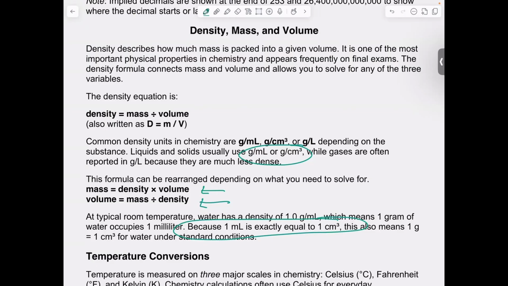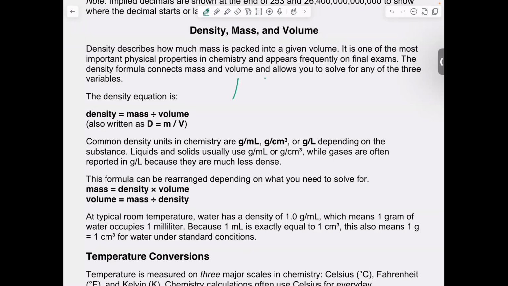So it's almost like you can cross that over. If I'm given, for instance, 20 grams of water at room temperature, I know I have 20 mils of water, and I also know I have 20 centimeters cubed in volume. So it's a nice equivalency statement.